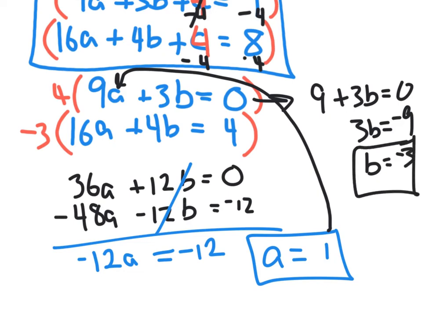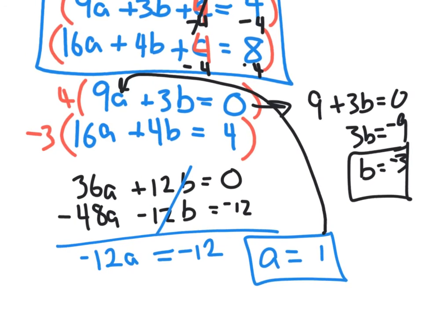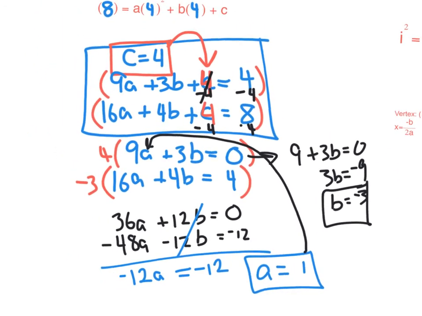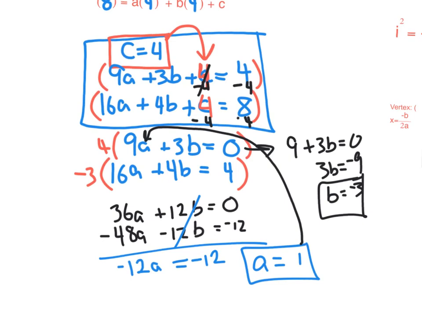Are you with me? So what do I have? I have an a, b, and a c value. So that is my solution right there, or my values for my solution. A equals 1, which is right here. B equals negative 3, and C equals 4. Now remember, A, B, and C all come from the standard form quadratic trinomial equation. So let me write out my answer here.